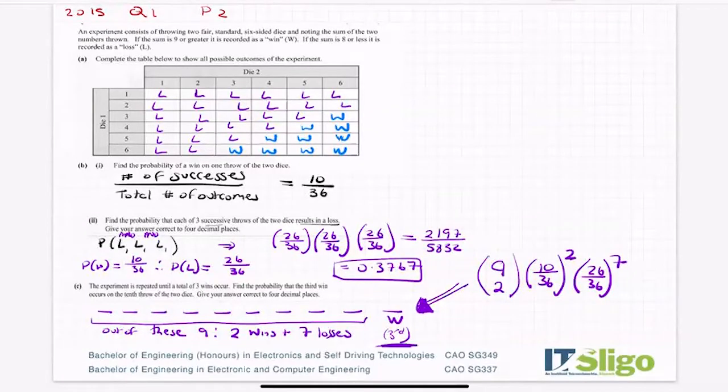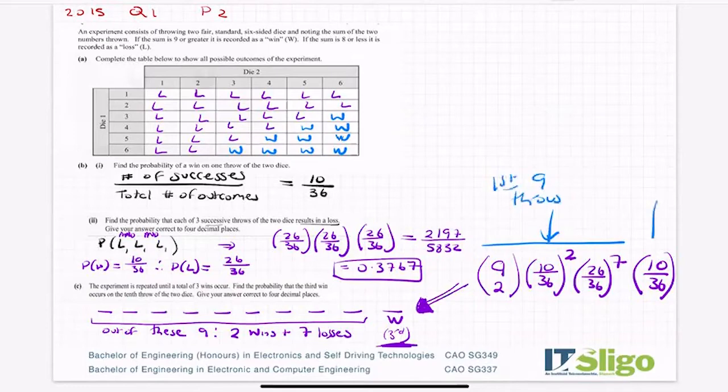Okay, but don't forget the 10th. Okay, so I need a win for the 10th. Okay, so here is the first 9 throws, and this is the 10th throw, which we know had to be a win. So that's why it's just got one probability, 10 over 36.